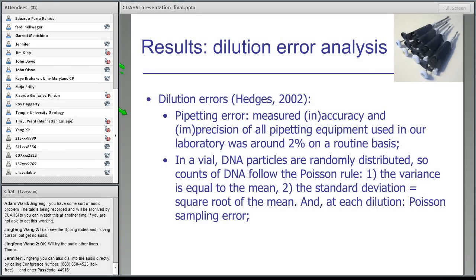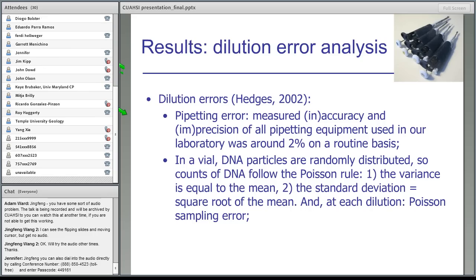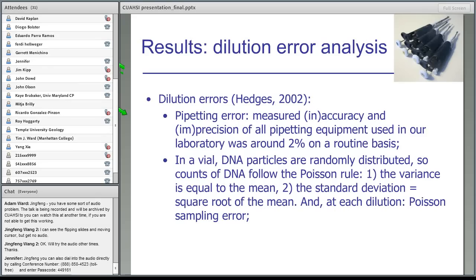You basically have a pipetting error, and the measured accuracy and precision of all our pipetting equipment was around 2% on a routine basis, which is well within the limits of what the manual says it should be. So the pipettes work well, but they just have an error.